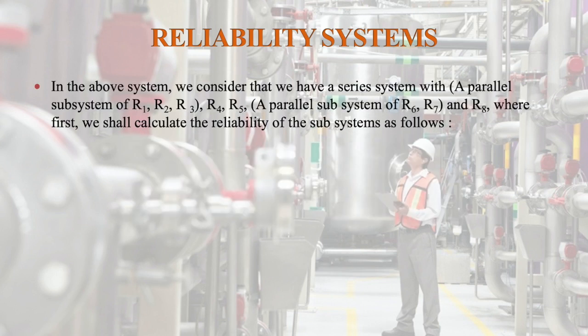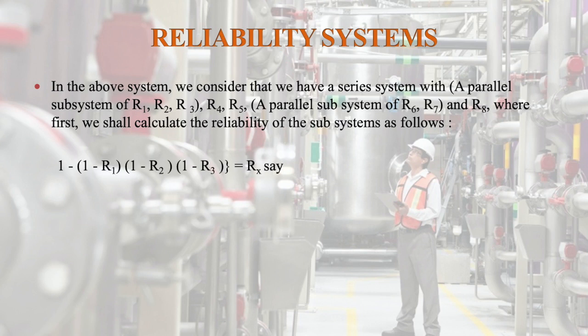So in the above system we consider that we have a series system with a parallel subsystem of R1, R2, R3, and R4 and R5, and a parallel system of R6 and R7, and R8. First we shall calculate the reliability of the subsystems as follows.